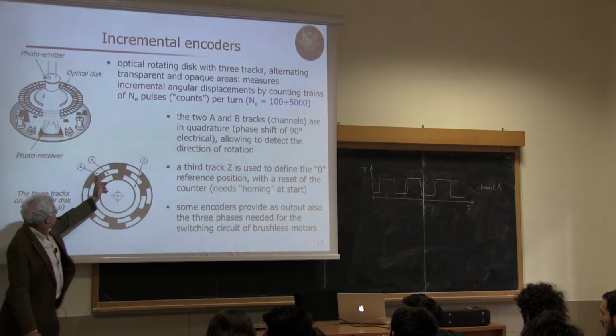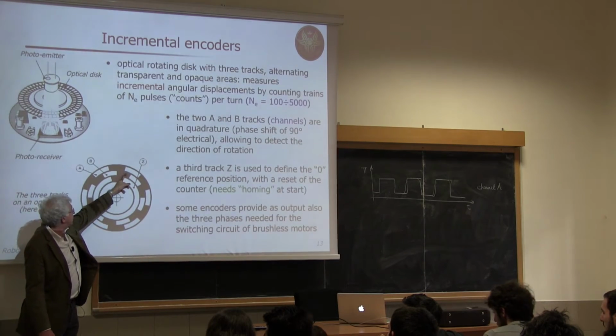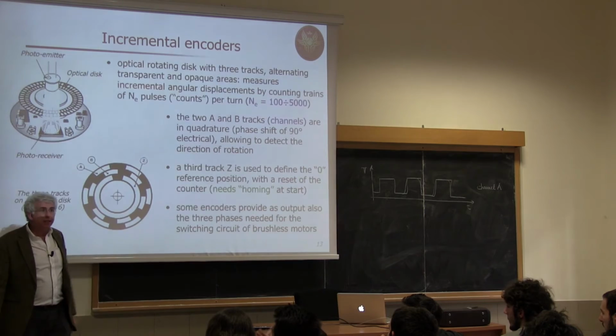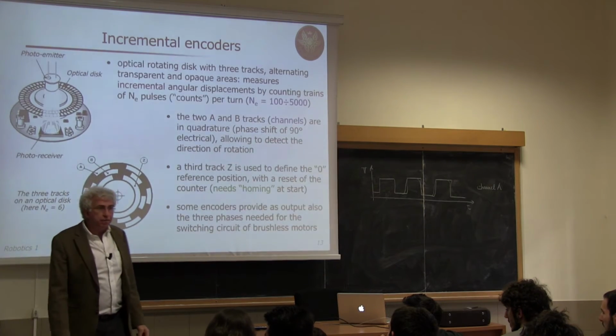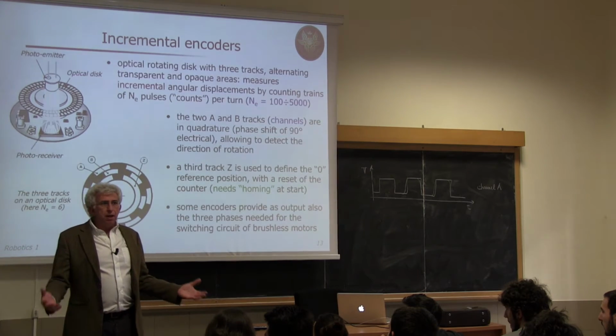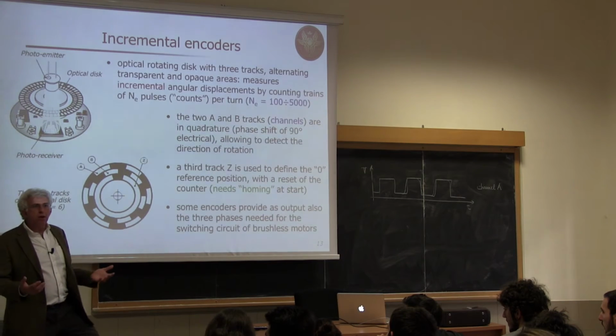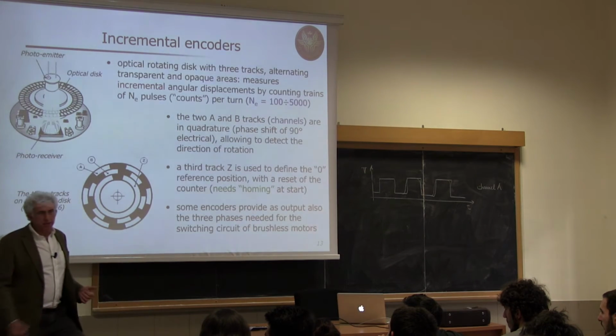So 1/4 of a period is this, this is half a period, this is 3/4 of a period, and this is a full period. So there is a 90 degrees electrical shift between the two channels. Why are there two channels? Exactly because we want to understand if we are obtaining positive or negative increments.